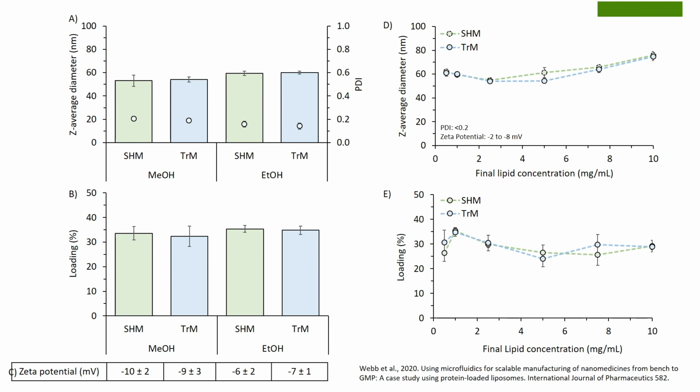So again, we saw this slight change in the fact that changing methanol to ethanol, we did see a larger size increase, but by changing the lipid concentration, we didn't really see much of a size difference or any significant differences in terms of the loading percentages, which again was quite nice, as it shows we can work at a lower concentration, so a less expensive formulation, but we can still achieve the same sizes and the same loading capabilities that we could get with a higher concentrated sample.